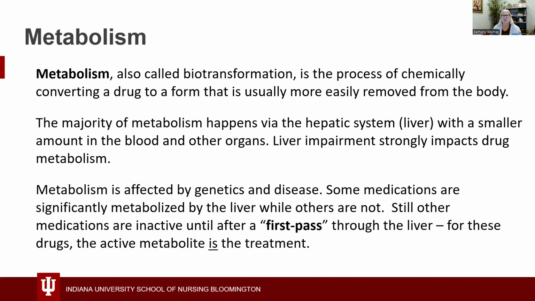So that first pass through the liver will break these molecules down into their component parts. And some of those parts will be active metabolites. And for some medications, the active metabolite is actually the desired treatment. And for other medications that don't have a lot of liver metabolism, it's because the medication itself is an active metabolite. And I can give you an example of that.